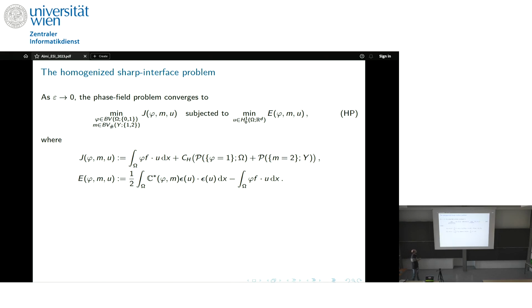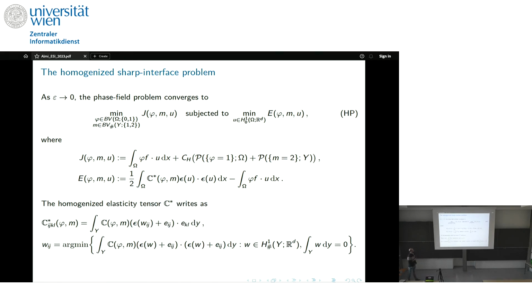And what changes, of course, is the elastic problem. So here this C star is a homogenized tensor, okay? And how you find it at the end of the day is by two-scale convergence. If you are into the topic, you know what it is, otherwise just believe me.